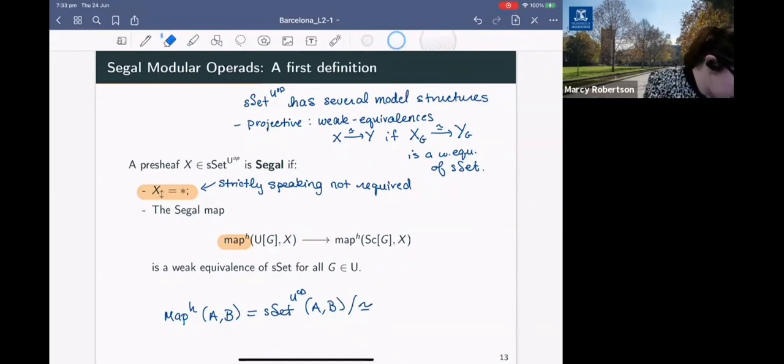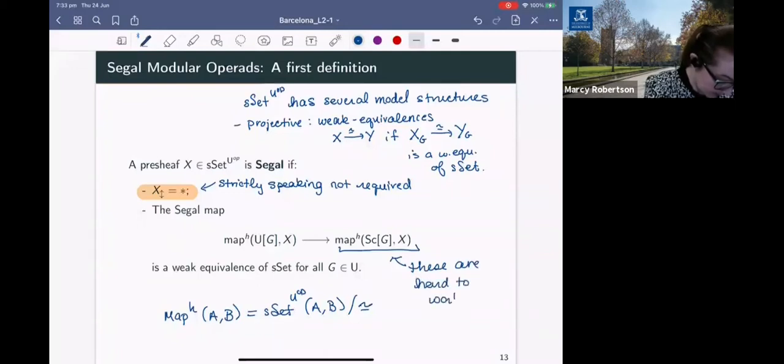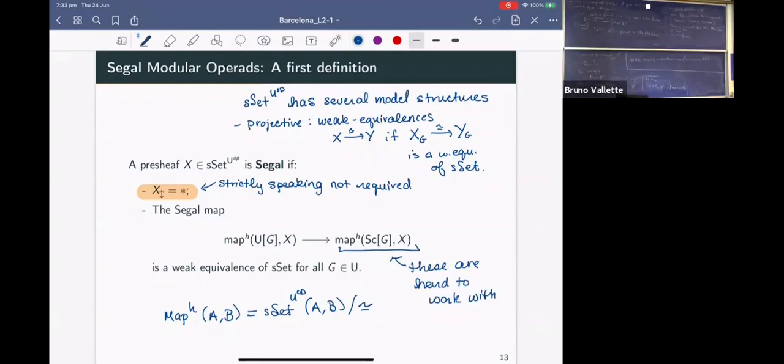I generally try to avoid working with mapping spaces. So if you don't know anything about Segal cores or cofibrancy and fibrancy, these are very hard to work with. I tend to get anxious about just plain mapping spaces.